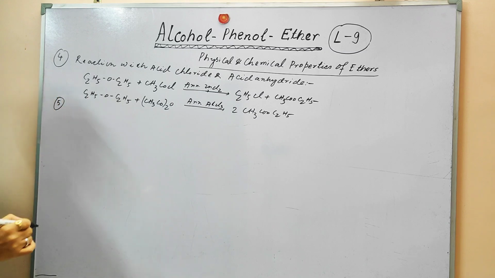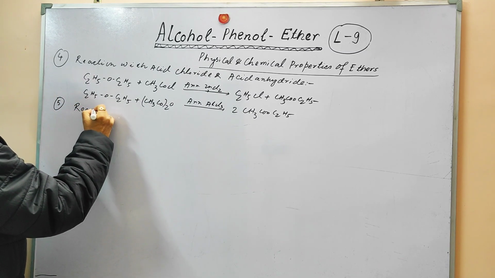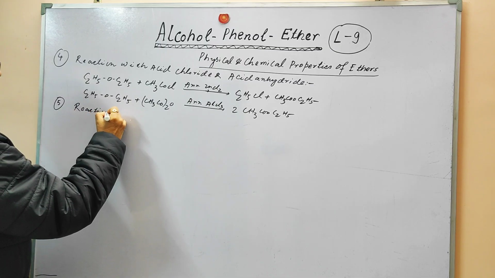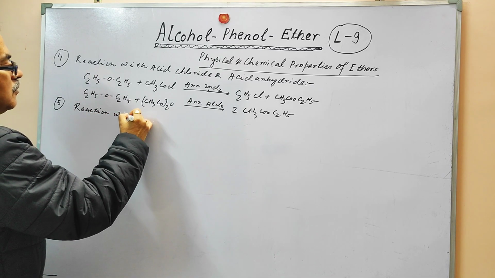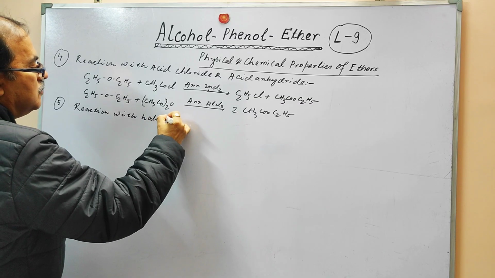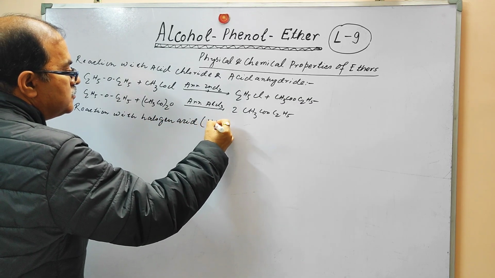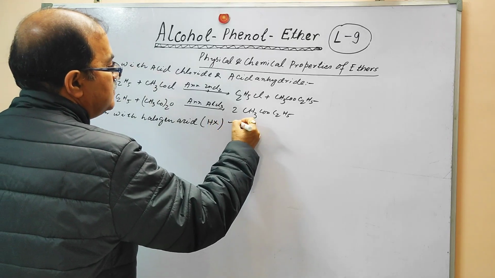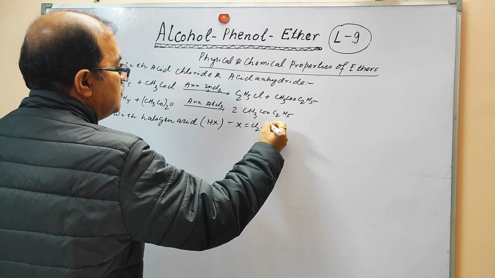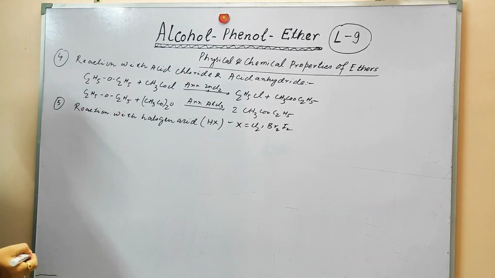Fifth reaction, that is a very important reaction, the reaction with halogen acid, that is HX, where X is chlorine, bromine and iodine.